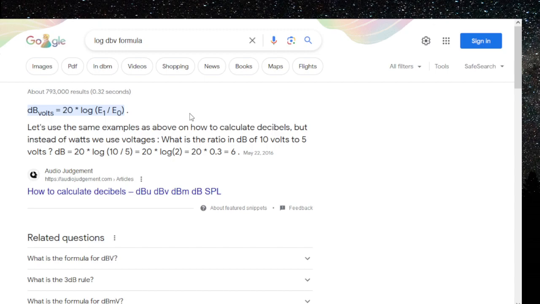Now I do have a calculator. Whether it's peak, RMS, whatever, it doesn't matter, because the values will cancel once you do the formula. So we've got 2 volts peak to peak, and we're going to grab this calculator. Does this calculator have a log function?